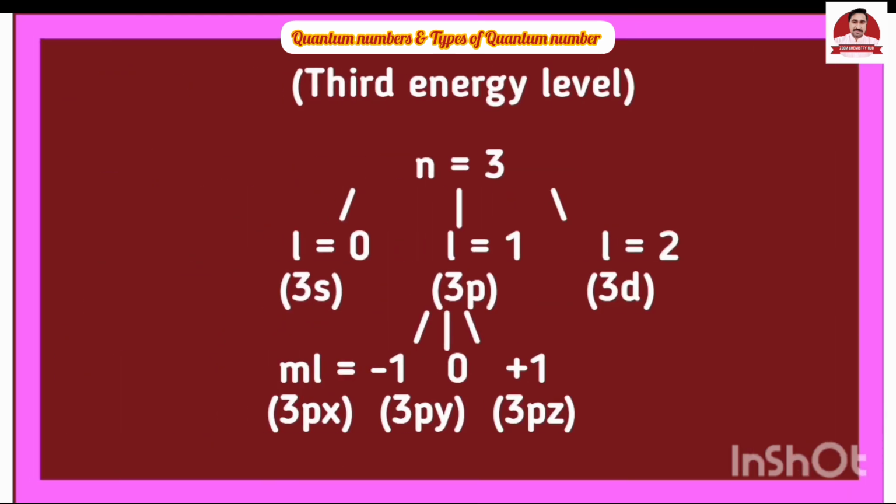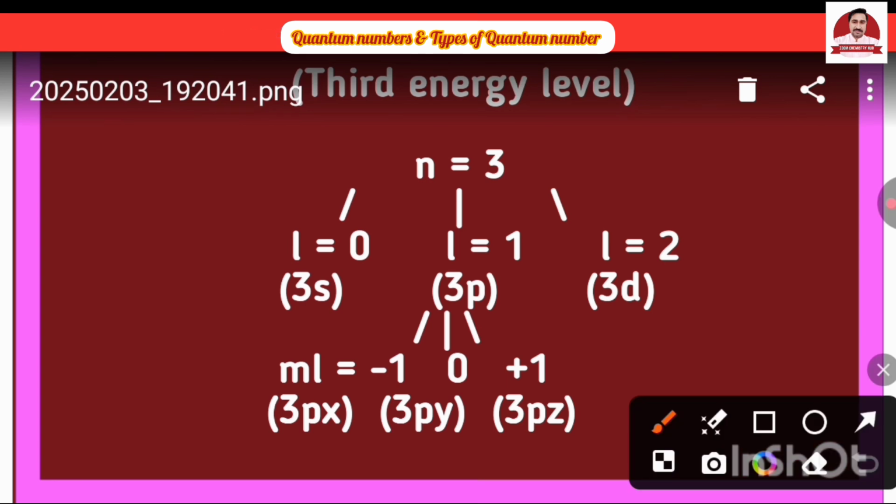Now we take a review. When the principal quantum number is 3, then how many values of L?